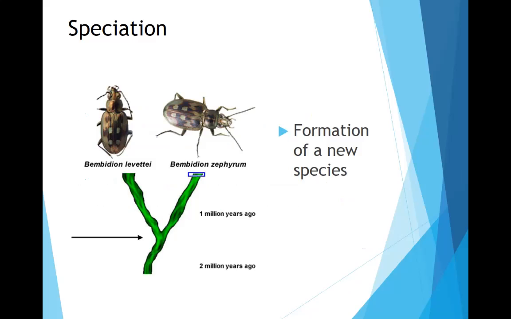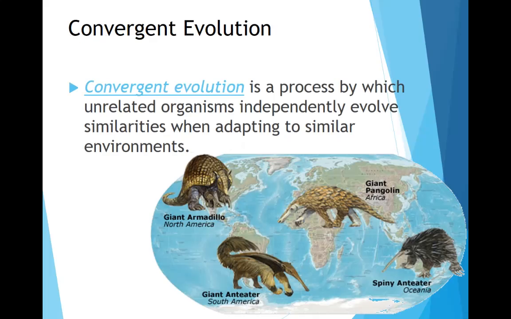Now, most of the time you'd probably think that they'd be easily identifiable as separate species because of accumulated traits. There are certain circumstances, however, where this isn't the case. And a great example of this is what we call convergent evolution. This is a process by which unrelated organisms independently evolve similar characteristics or traits because they're adapting to similar environments.